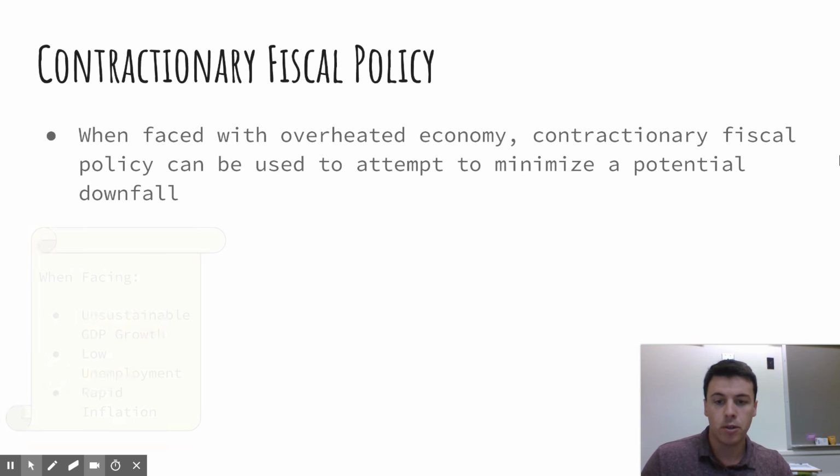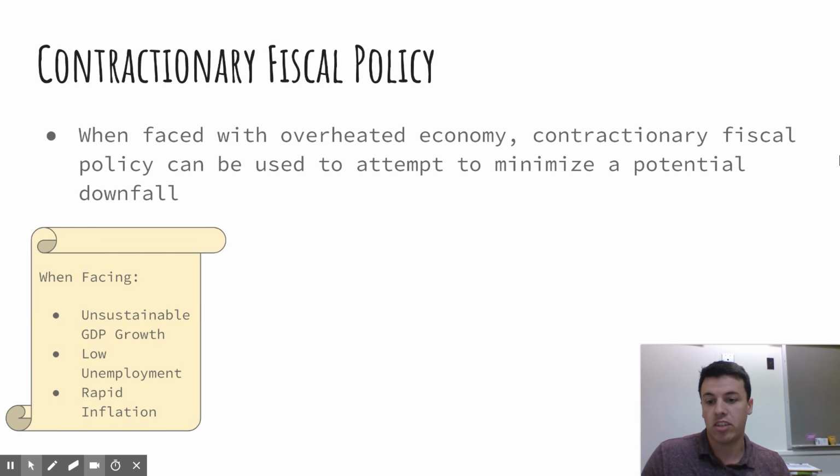When we see that we're nearing a peak, we can try to enact some contractionary policy to minimize the damage. That would mean we're facing unsustainable GDP growth. We have low unemployment, and businesses are having a hard time hiring workers because there's not enough available out there. And we see rapid inflation, so prices rising over time, either from the demand-pull or cost-push side of things.